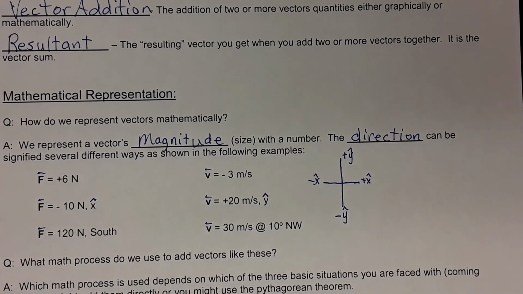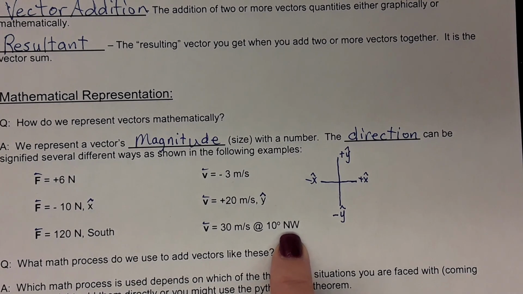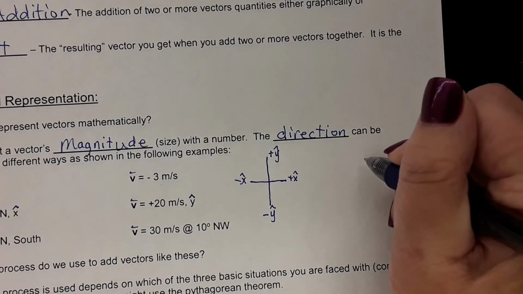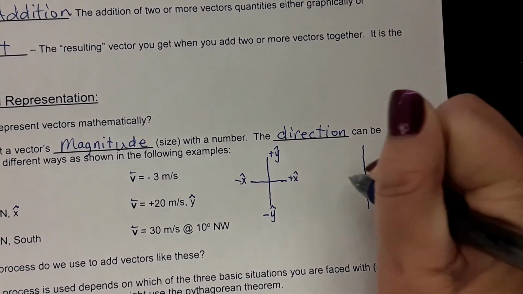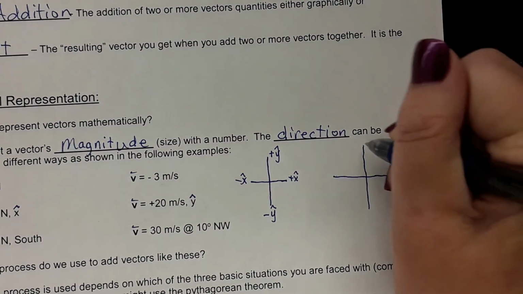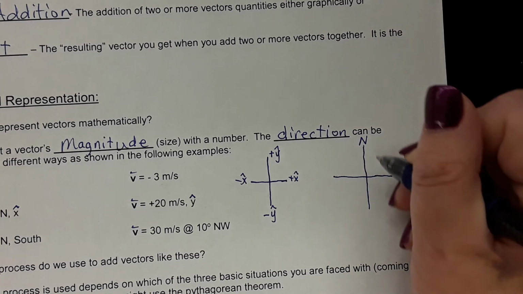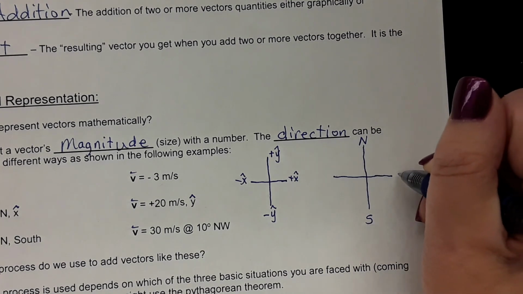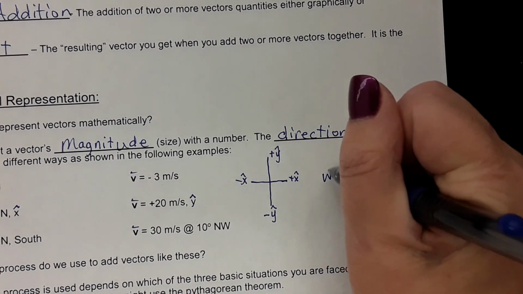Also, you could indicate direction using cardinal systems. North, south, and east, west, like due north, due south, due east, due west. In other words, along one of the axes. Or you could be between two axes. You could be 10 degrees north of the west axis. Okay? If we have the cardinal system, standard convention, north is straight up, south is down the paper, east is to the right, west is to the left.